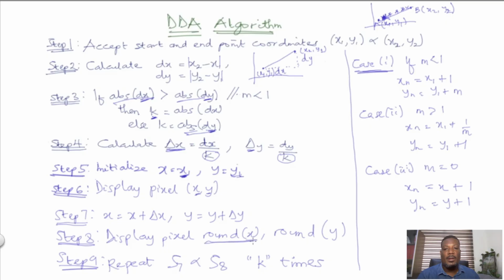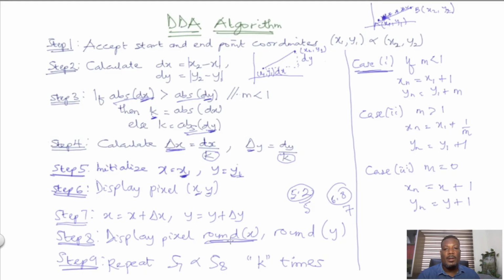By pixel round x, what we mean is, assuming we do the computation for the coordinate x and we get 5.2, we are going to round this 5.2 to 5. And if we get the coordinate for y to be maybe 6.8, we'll round this one to 7. And display that particular pixel.